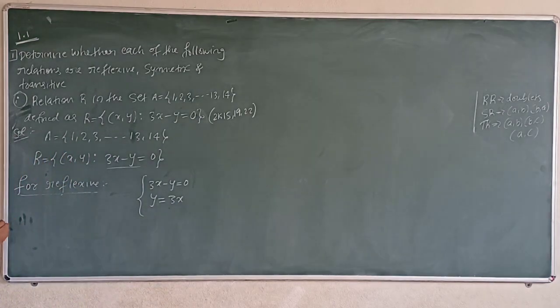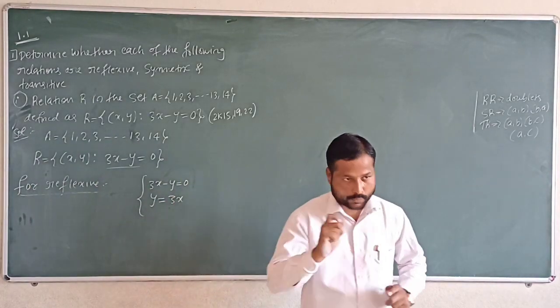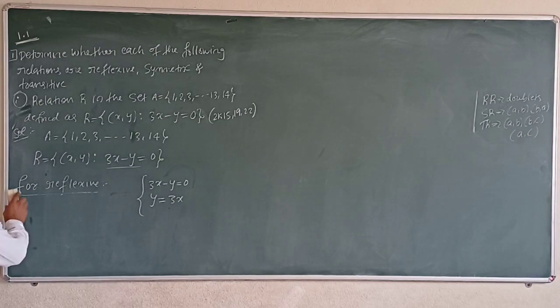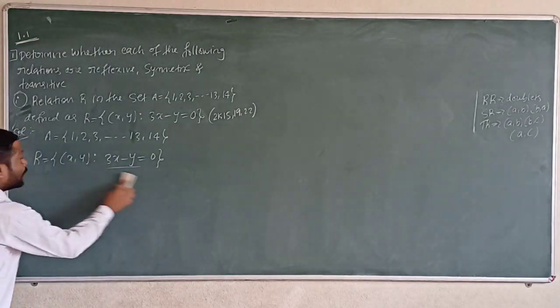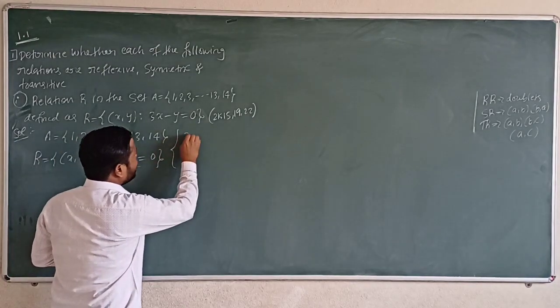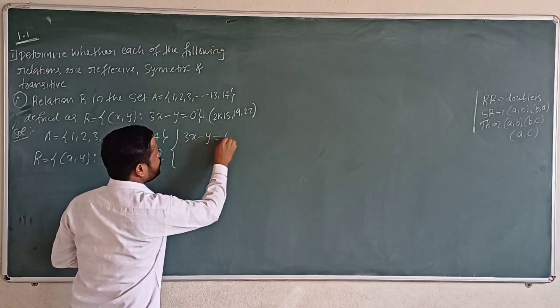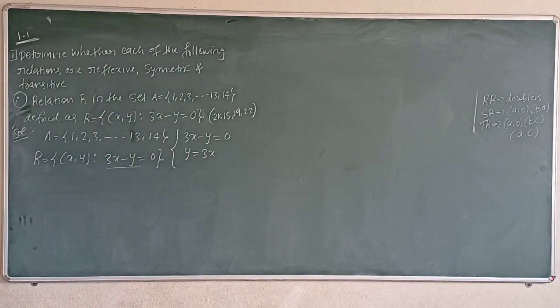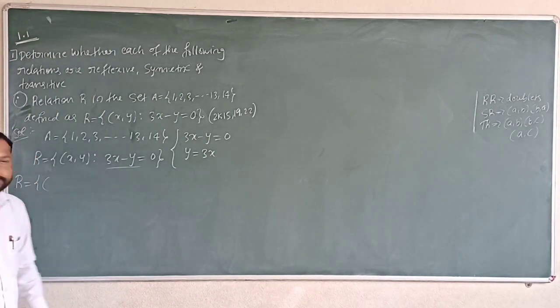Write down the relation in roster form now. It is defined set-builder style, so we write it accurately in roster form. 3x minus y equals 0, so y equals 3x.